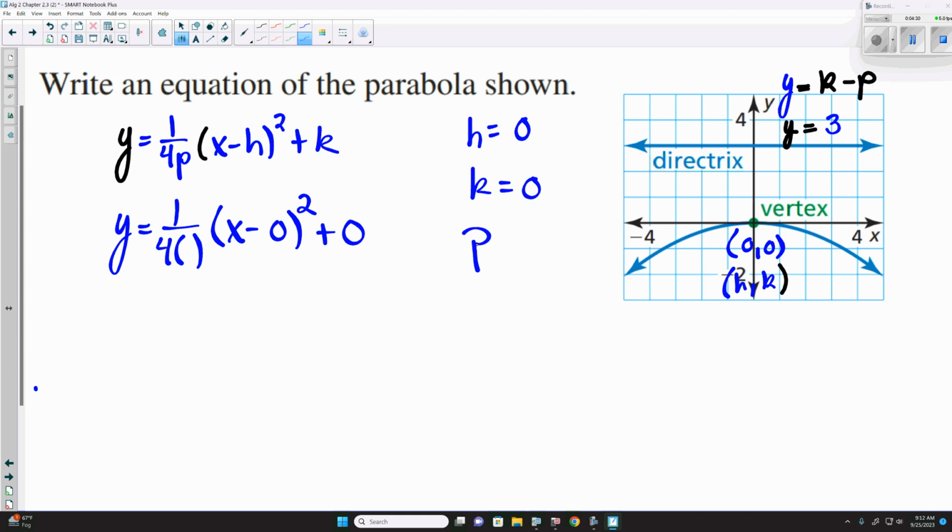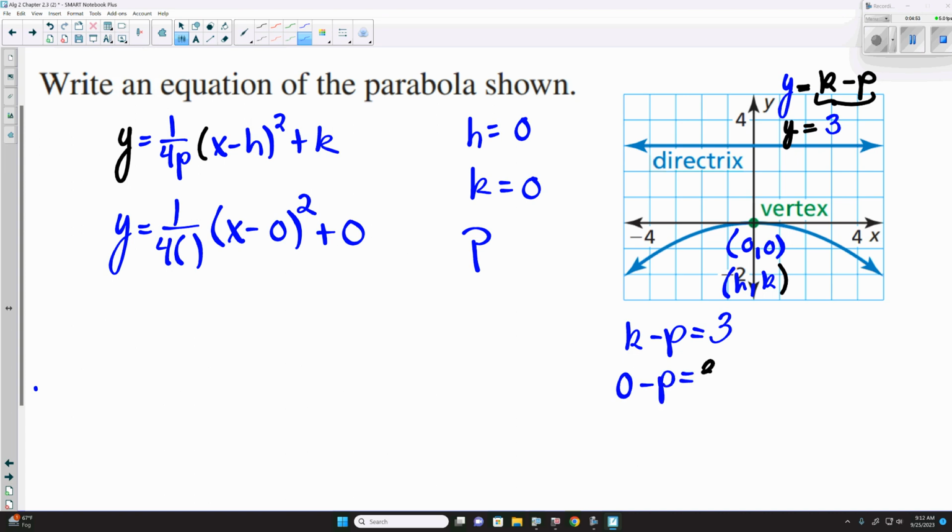Now looking at this here, the only place in the information they gave us where p is located is in the directrix, or k minus p. And what it's telling us is that k minus p, when we plug the value of k and p in, we should get 3. Well, we know the value of k, it is 0.